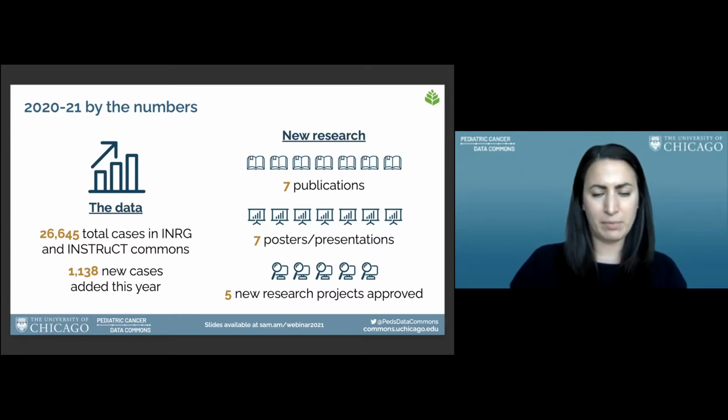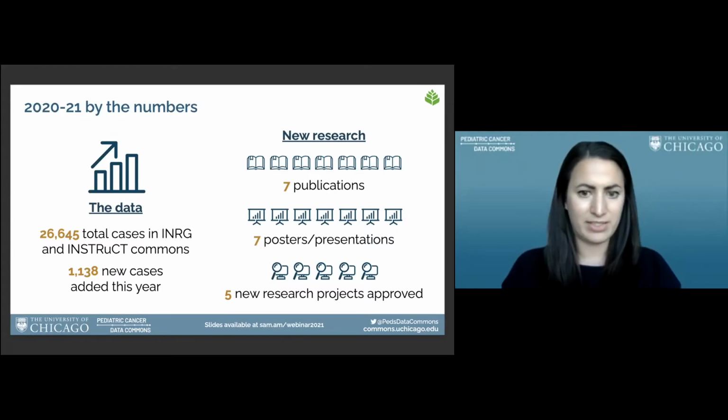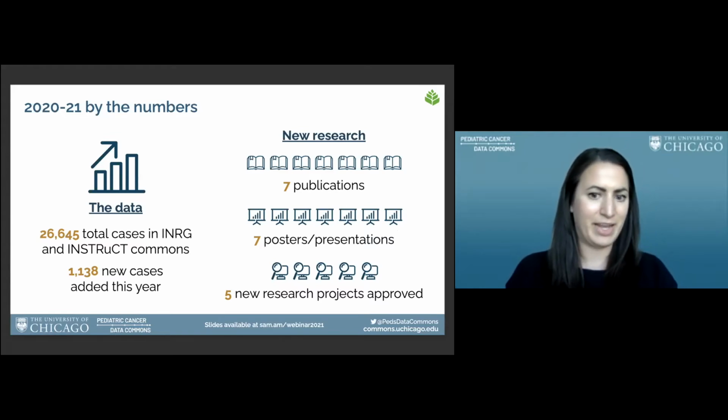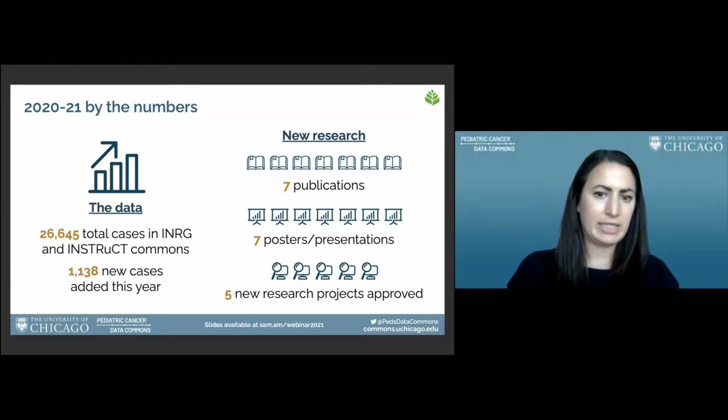We've had 7 publications, 7 posters and presentations, and 5 new research projects approved. If my math is correct, this is 1 paper and 3 presentations from the iNRG, 5 papers from Instruct, and then 1 paper and 4 presentations from the PCDC, with more on the way.